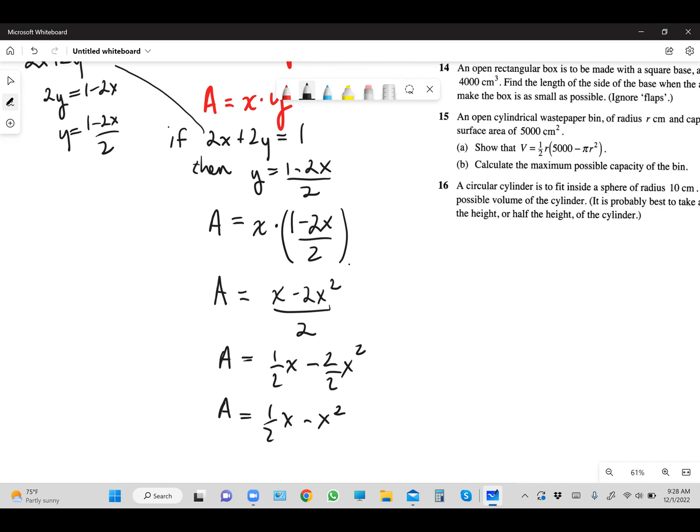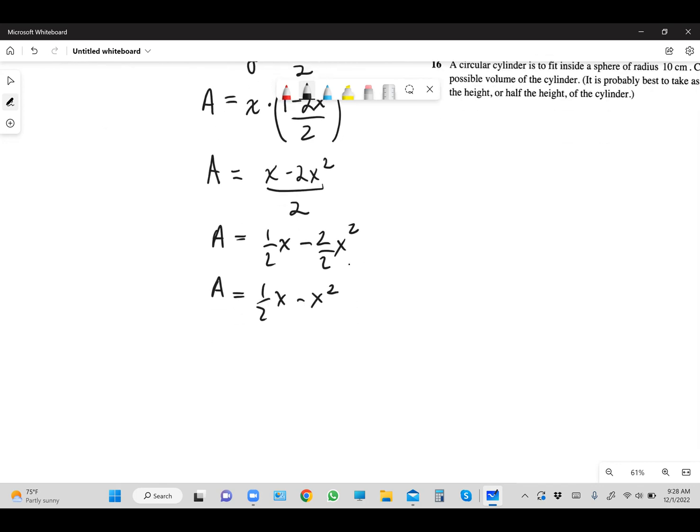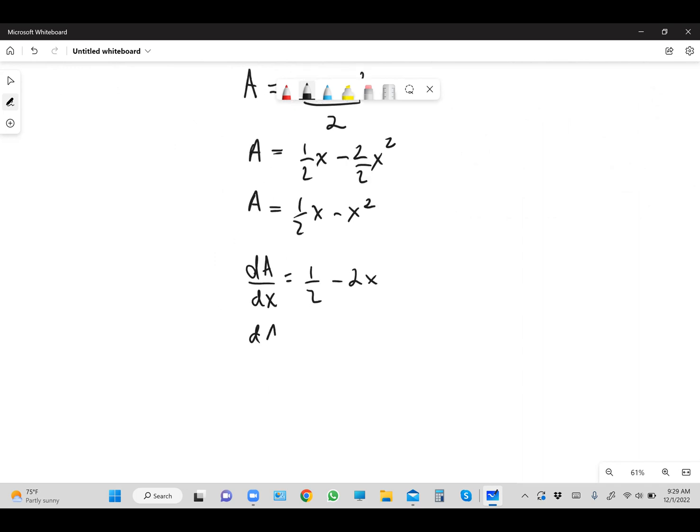And can you take that derivative? Oh, yes, you can. The derivative dA/dx is half minus 2x. And we have a maximum or a minimum when we have a stationary point or an inflection point. So a stationary point is dA/dx equals 0, right?